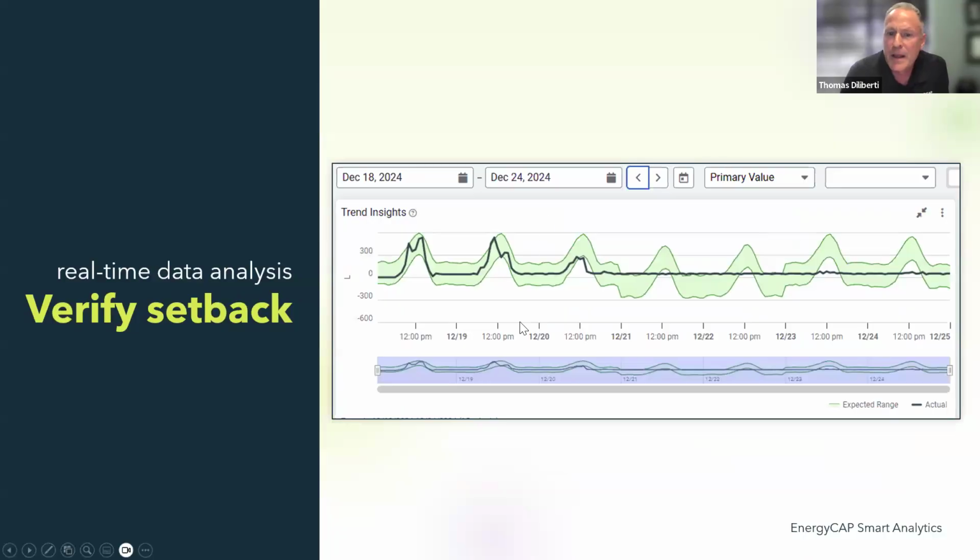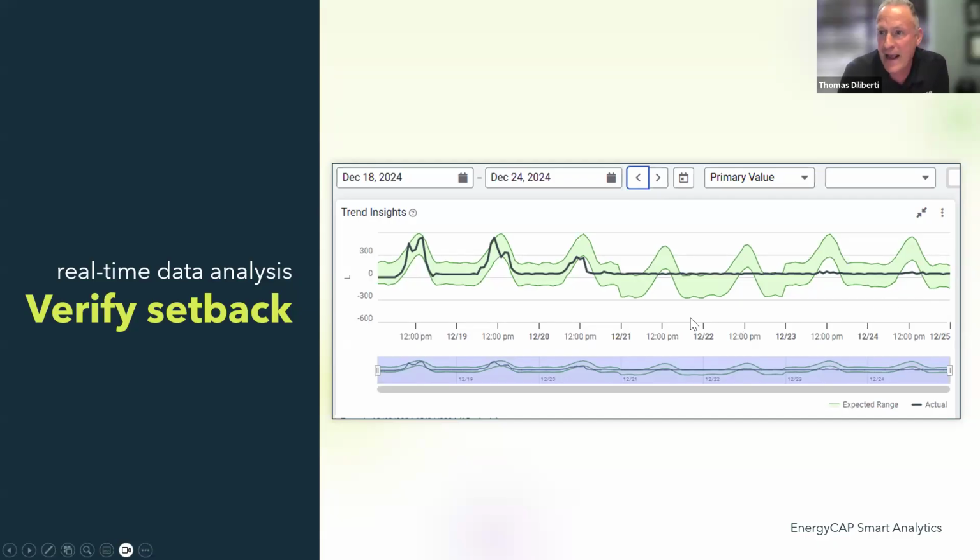A second example is a period of time that's multiple days. And if you look at the dates here, it's in December. So this would be right around the Christmas holiday. So what's captured here, once again, is the green area going across the diagram represents what you should expect to use or what was used in years past. In this particular situation, what the client did is they wanted to make changes in their buildings. They wanted to power things down.